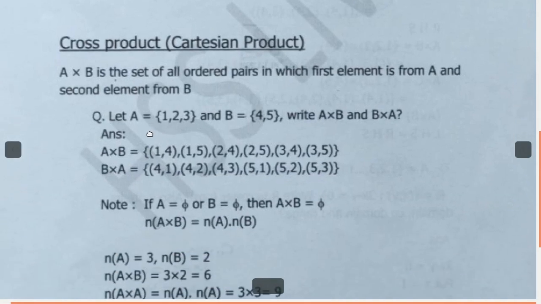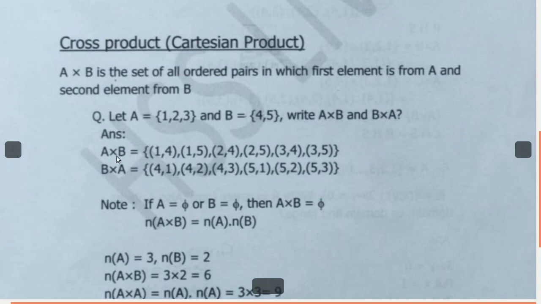Then the cross product of elements, or product of two sets. We are given two sets A and B, where A is the set {1, 2, 3} and B is the set {4, 5}. Then what about A cross B and B cross A? A cross B is defined as the set of all ordered pairs in which the first element is from A and the second element is from B. This is very simple.